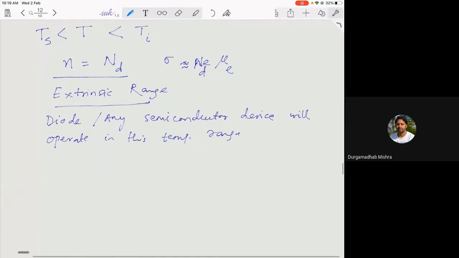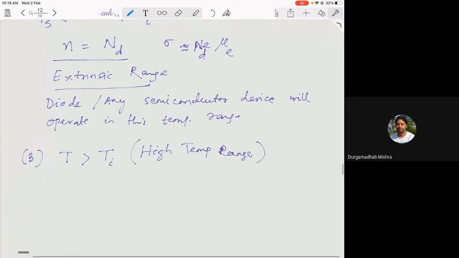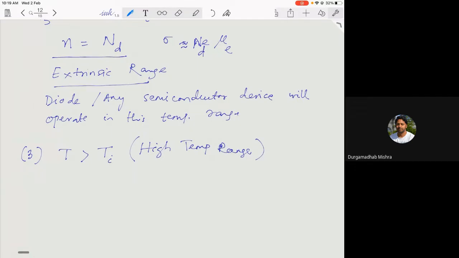Now what happens if you increase the temperature further? When your temperature is greater than Ti, this will definitely be your high temperature range. Here, the thermal energy will be much higher, so more and more electrons will get excited from the valence band.